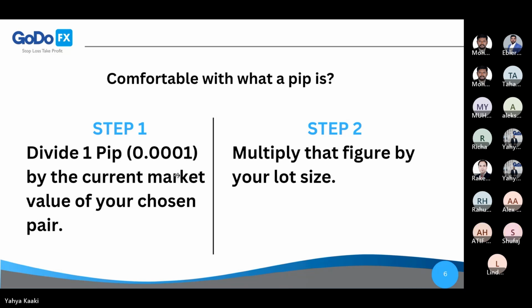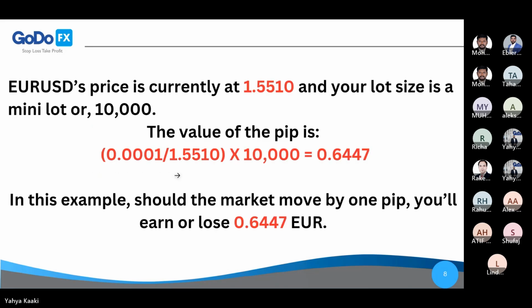So 10,000 is going to be 0.1 lot, and a micro lot we can count at 0.01, which is equivalent to 1,000. The value of the pip is 0.0001, as we mentioned before, and the current price is 1.5510. So we divide the pip value by the current price, and we multiply it by the lot size. Here we get our either profit or loss.